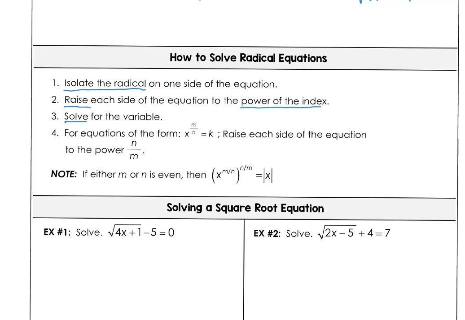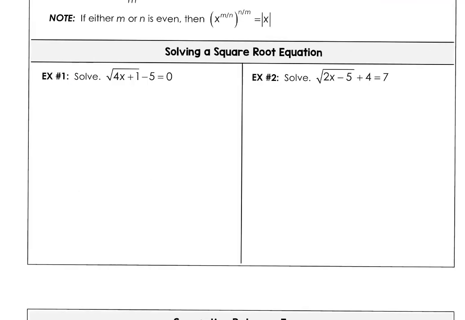Whenever you have equations that have a rational exponent, we want to use the reciprocal of that exponent. So if your power is m over n, we want to raise the power to n divided by m, as shown here. So let's jump right into the lesson and first look at solving a square root equation.